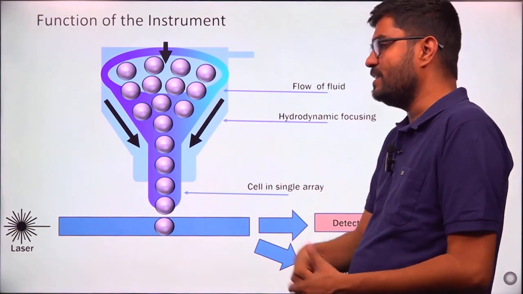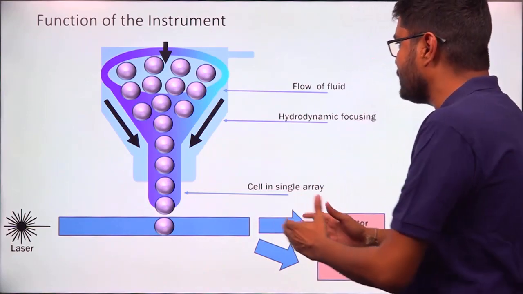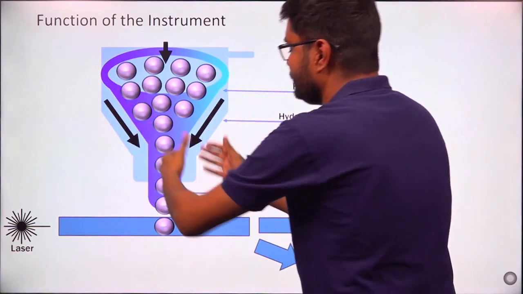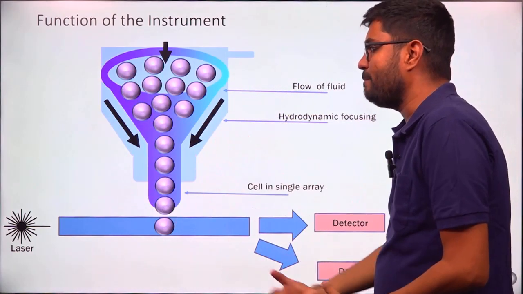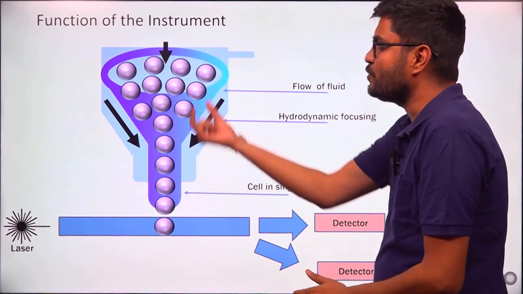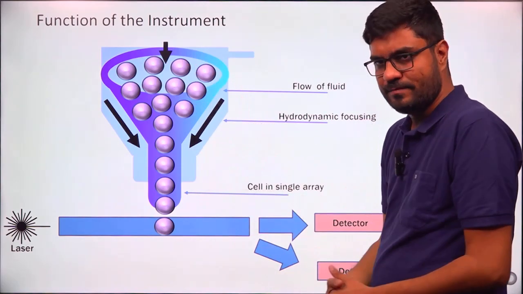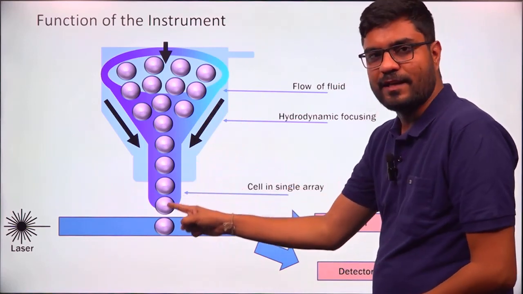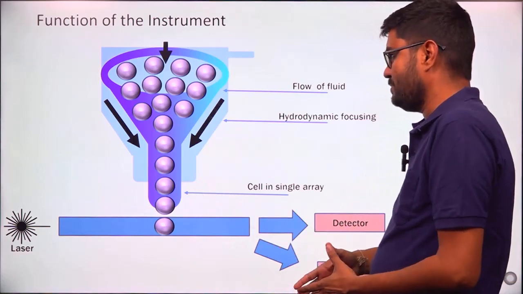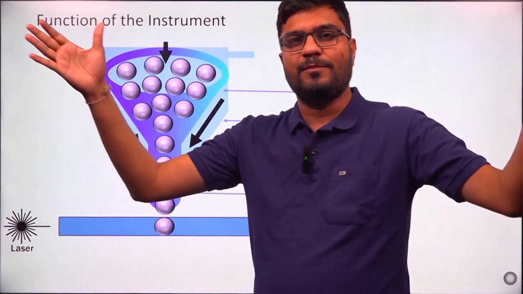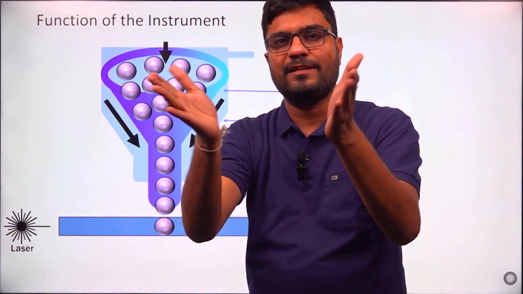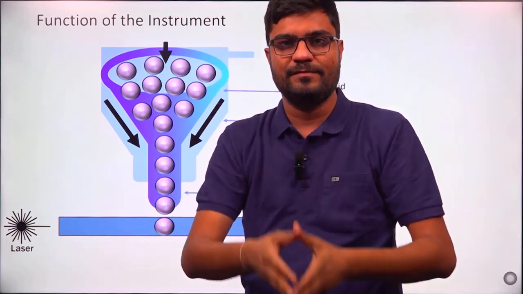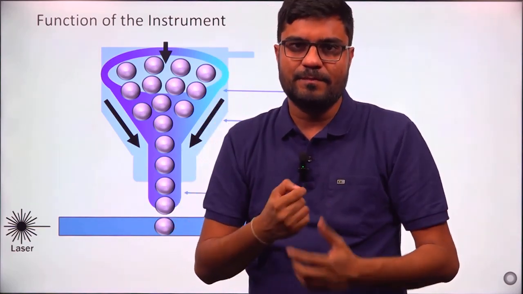It is taking a single cell suspension, and by applying the pressure of fluid, the instrument is converting this bunch of cells into a system where one cell is passing at a time. So it's very simple. There are so many cells. You apply the liquid pressure from both the sides. So you can create an array, or a stream of buffer or liquid, where one cell at a time is passing through.